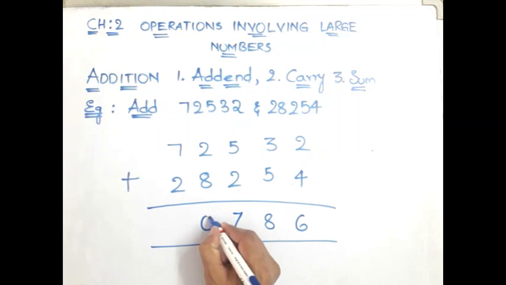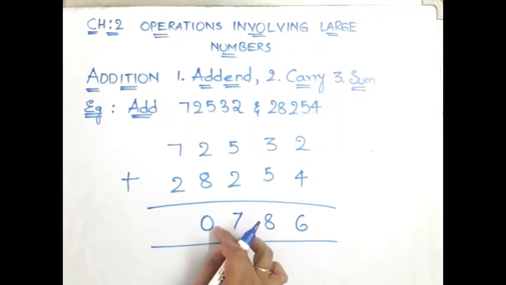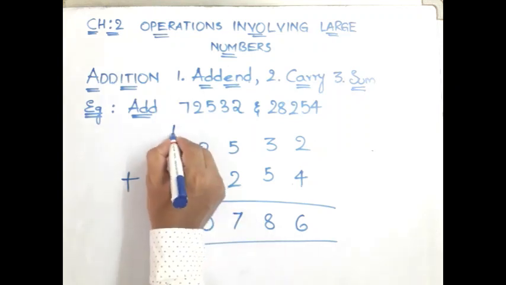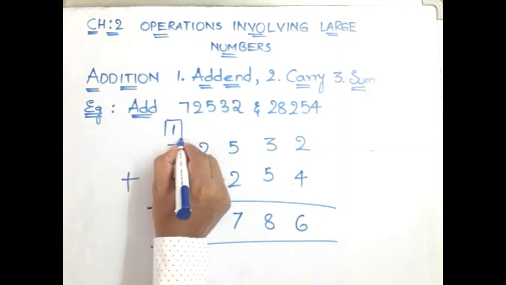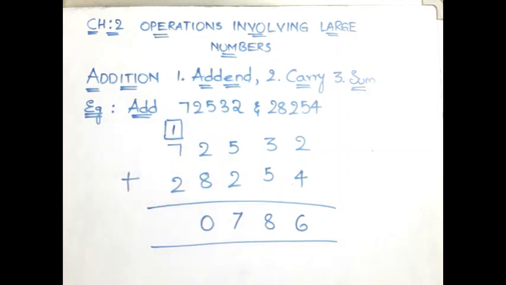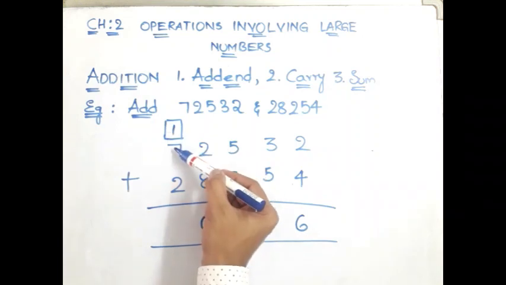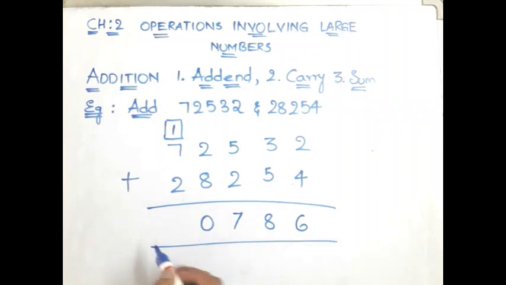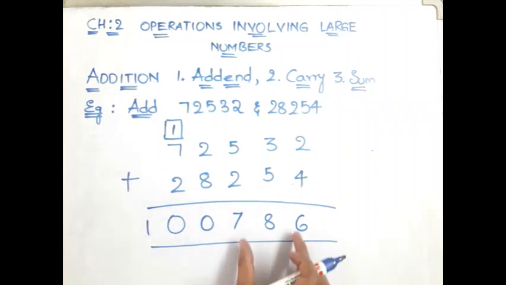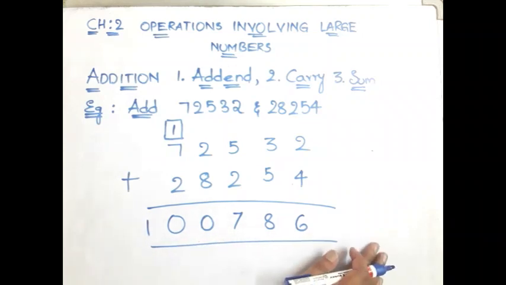So the ones digit will be kept here and the carry will be shown here like this. So this is carry. Now this should be added with this. 1 plus 7, 8. 8 plus 2, 10. Okay. Please be careful with the arrangement of the digits. It should be clear and proper.